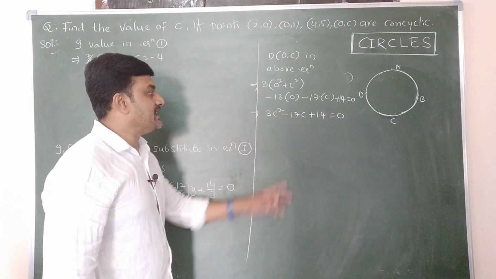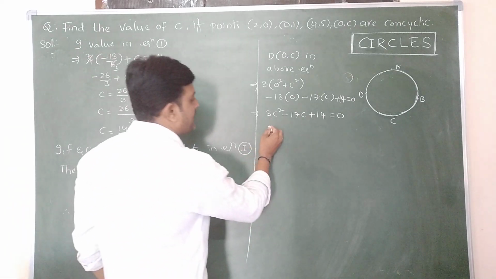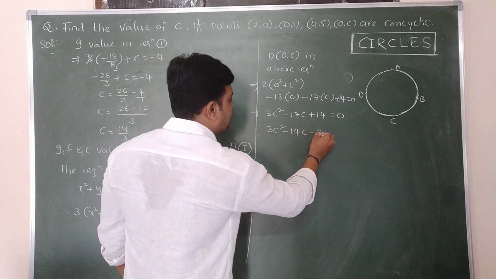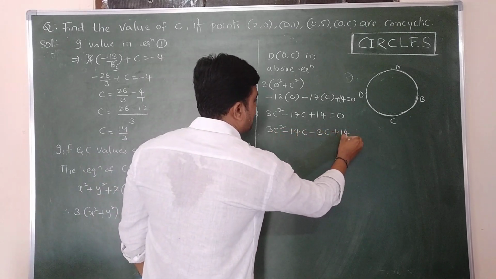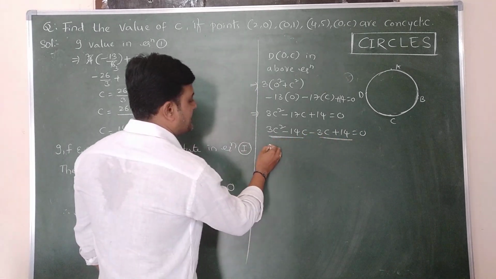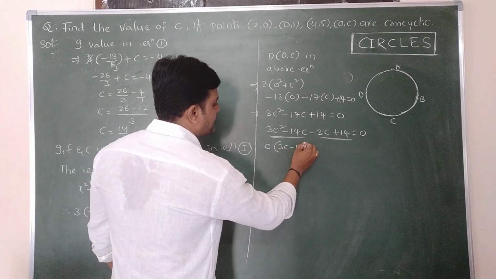Now it is a quadratic equation in c. By splitting we can solve it. 3c square minus 14c minus 3c plus 14 equals to 0. From the first two, c common: c into 3c minus 14.